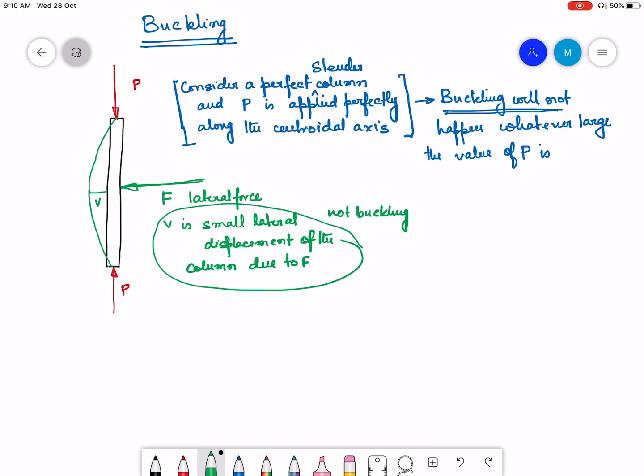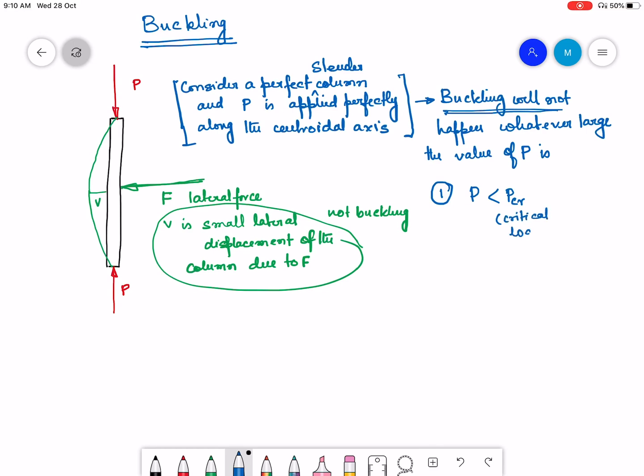Now let us consider three cases. The first case is when P is less than a critical value, which we call P critical, the critical load.